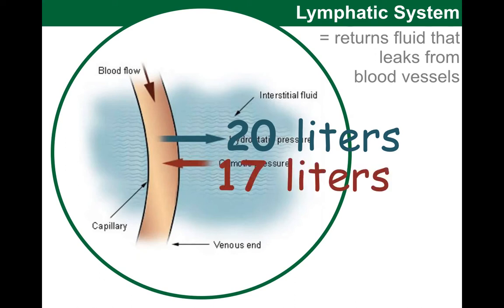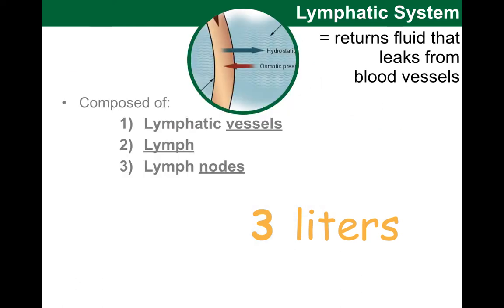And 17 liters of this is reabsorbed back into the blood vessels. So a simple math exercise shows us that the remaining 3 liters become interstitial fluid. And it is this 3 liters of fluid that the lymphatic system deals with, picking it up from this space, taking it to the lymphatic vessel, and returning it back to the cardiovascular system's blood vessels.